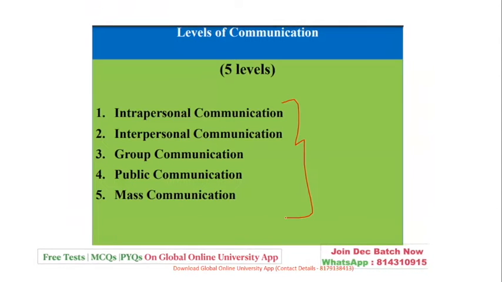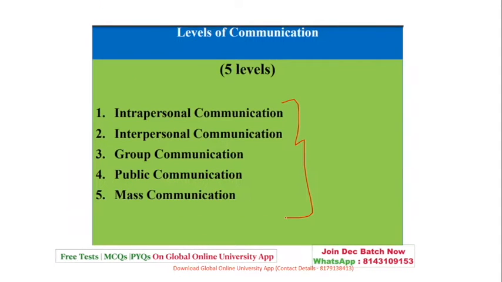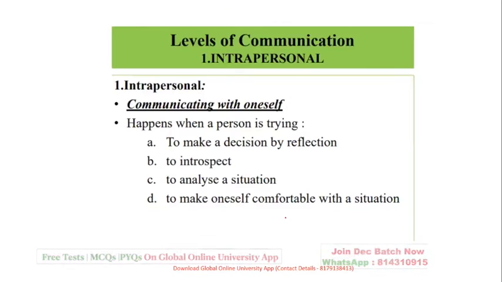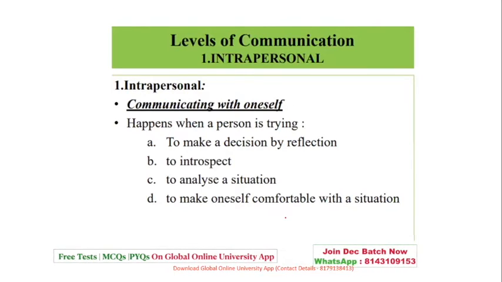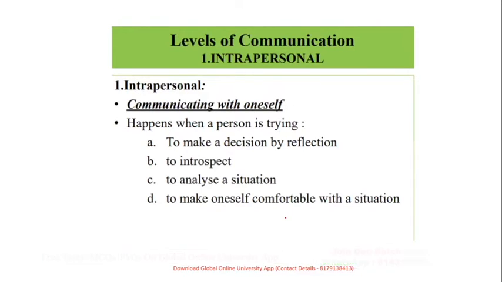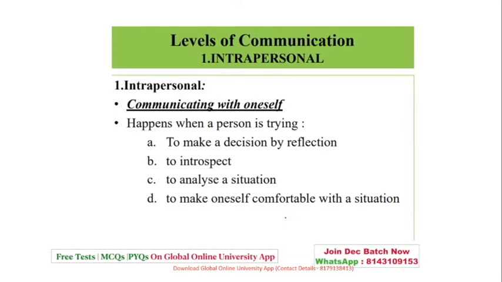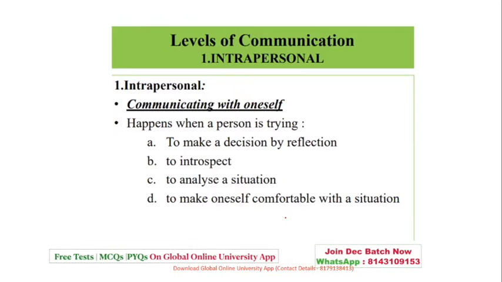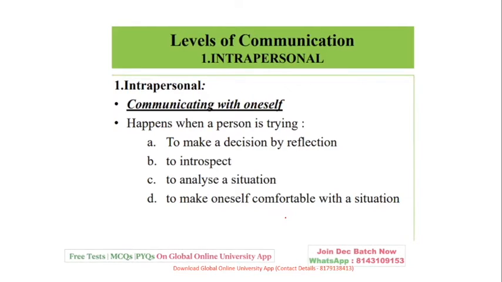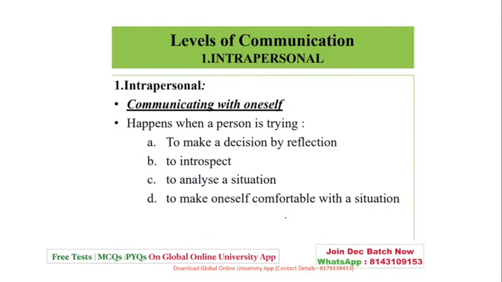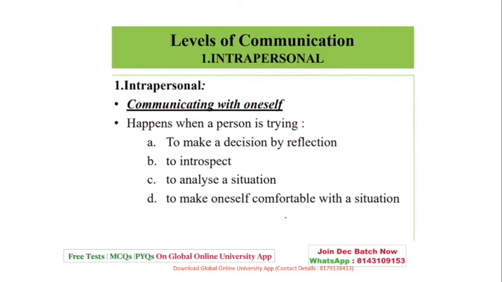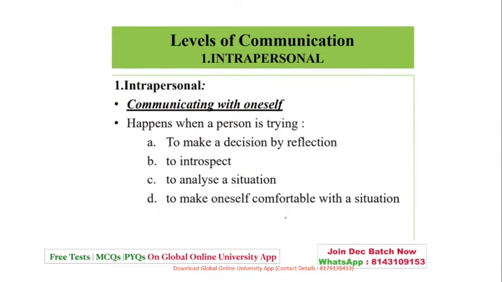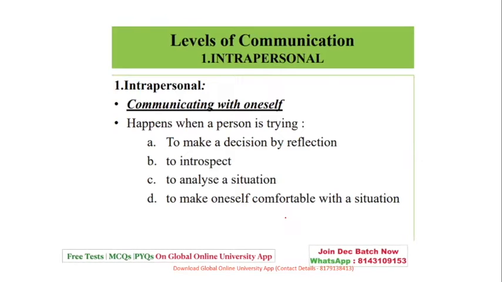The levels are intrapersonal, interpersonal, group, public, and mass. Intra means communication that happens within the person himself, with oneself, either to take a decision, to introspect, to analyze the situation, to make oneself comfortable, or to motivate. For example, when you are alone, a lot of thought process goes on, so you are talking to your own self.